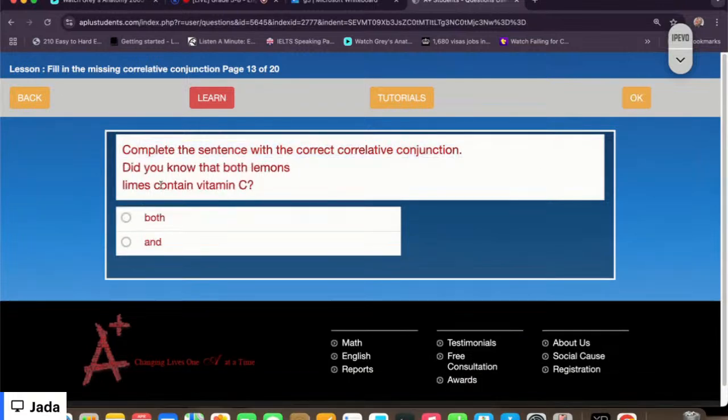Okay. Did you know that both lemons and limes contain vitamin C? Both, or, and?